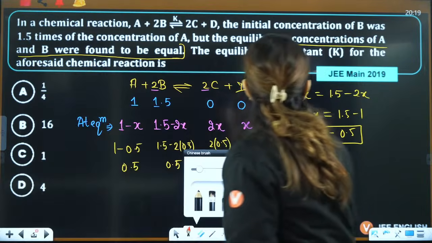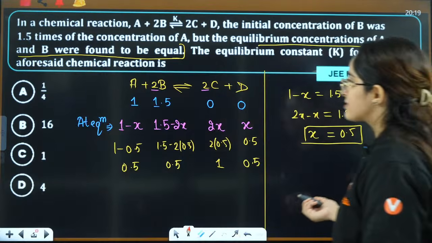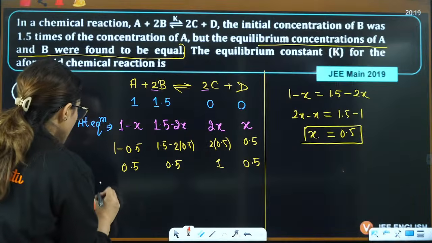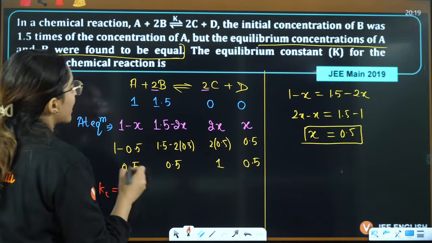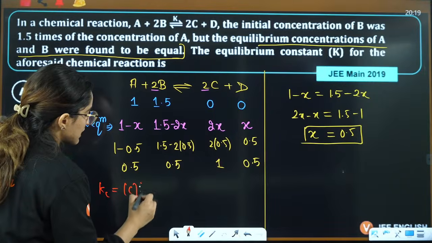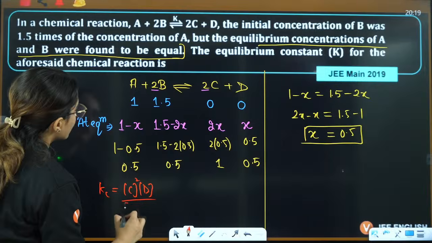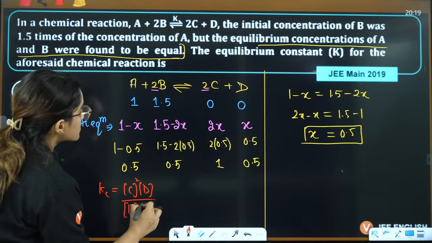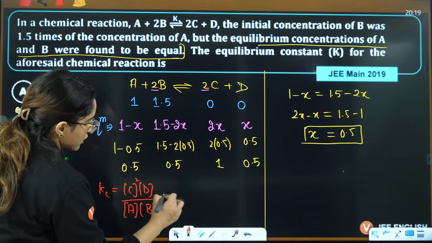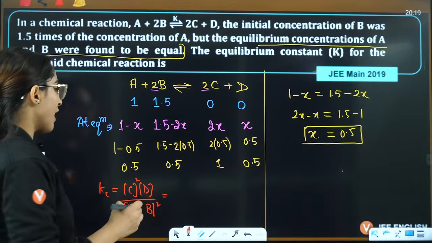Now they are asking what is the value of the equilibrium constant here. So it is quite simple. Equilibrium constant will be products by reactants. Product is C square, because stoichiometry is in the power. This is A, this is B square. So C is what? C you have 1.